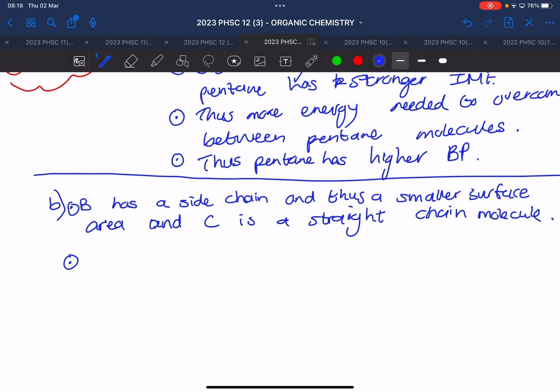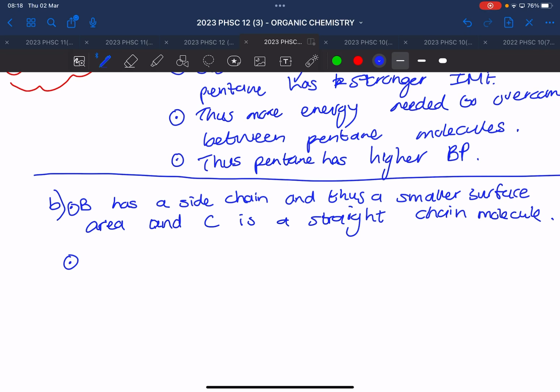No, sorry, C. No. C will have a stronger. Yeah, sorry. Methyl propane will have a weaker intermolecular force than butane because it has a lower boiling point. Okay, but remember, you can't say because there's a lower boiling point. That is what we want to prove. Okay, but yes, your third guess was correct. Okay, so we're going to say because.